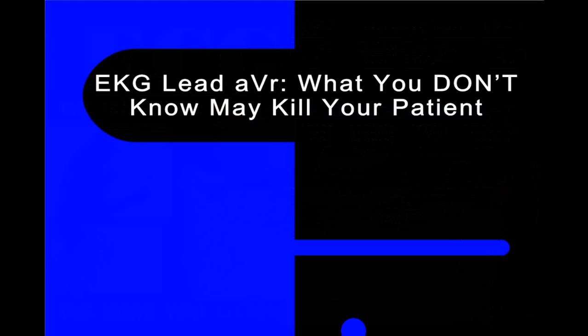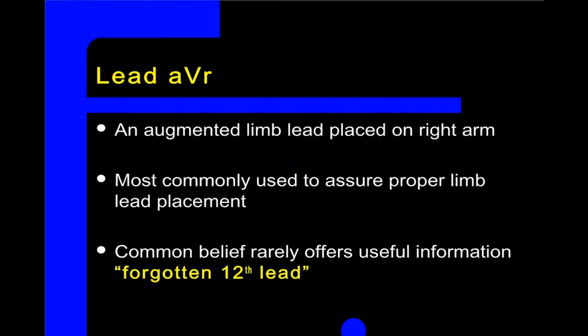It is a term which says that about lead AVR, what you don't know may kill your patient, because sometimes AVR is very important. AVR is an augmented lead placed on the right arm. It is most commonly used to assure proper limb placement, and it is a common belief that it rarely gives useful information. Hence it is also called the forgotten 12th lead.